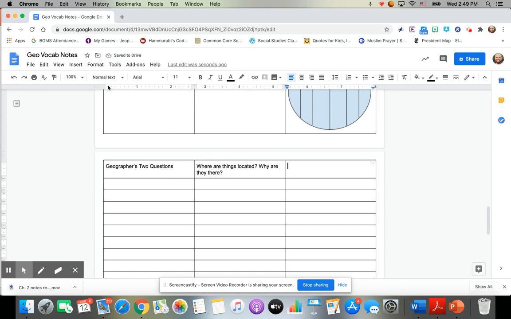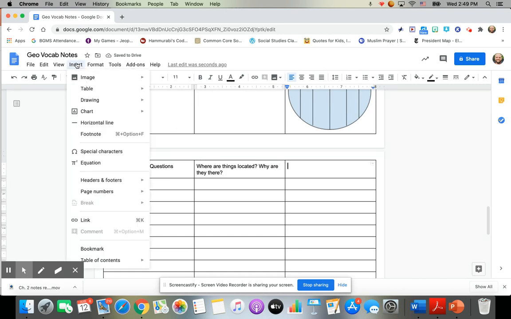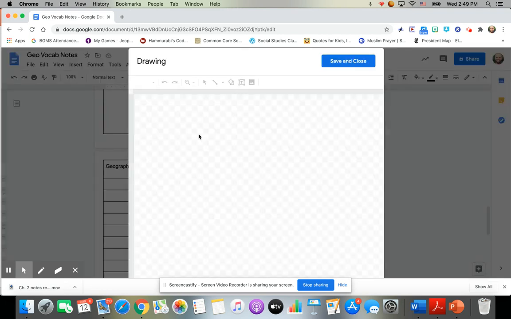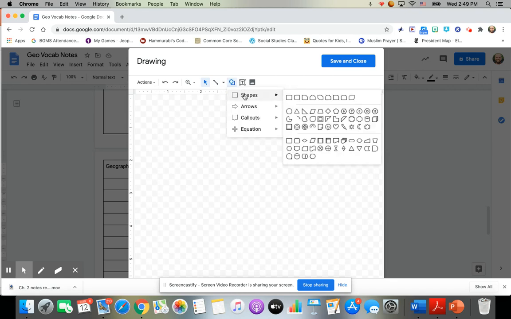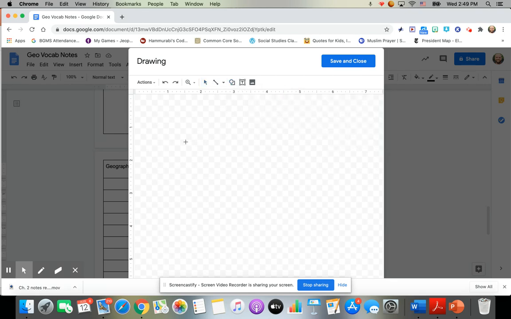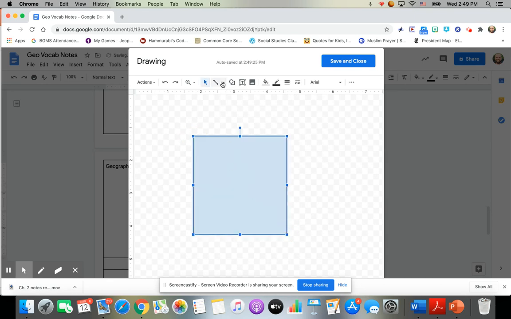Let's draw a picture. Here's a little reminder for how to draw a picture. Go insert, drawing, new. I'm going to insert a shape because as you've seen, I'm not a great artist on here. I'm just going to pretend this is a map. And on this map, we're going to have different things.